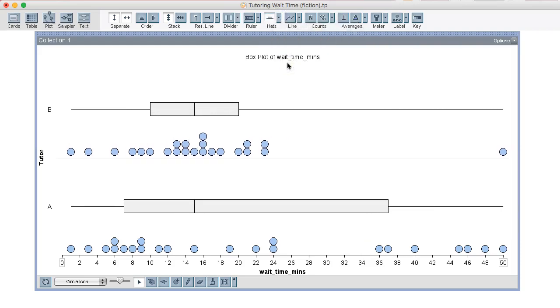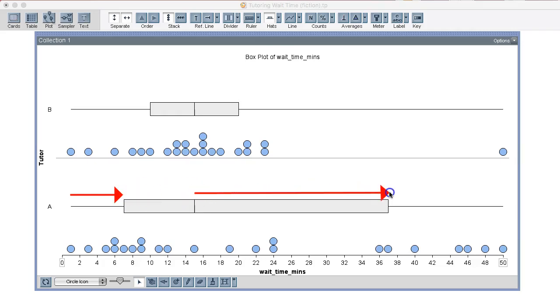Recall that the box plot divides the data into 4 equal-sized groups called quartiles. The length of a quartile tells us how much variability there is in that quartile. For example, for tutoring service A, I can tell that there is less variability in the first quartile, the data is less spread out, than the data in the third quartile.